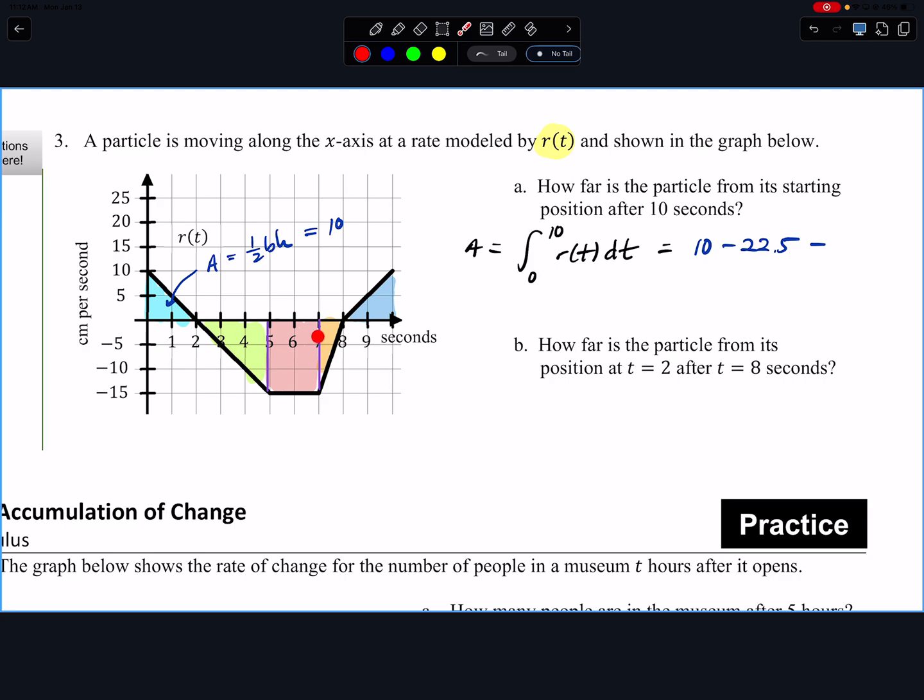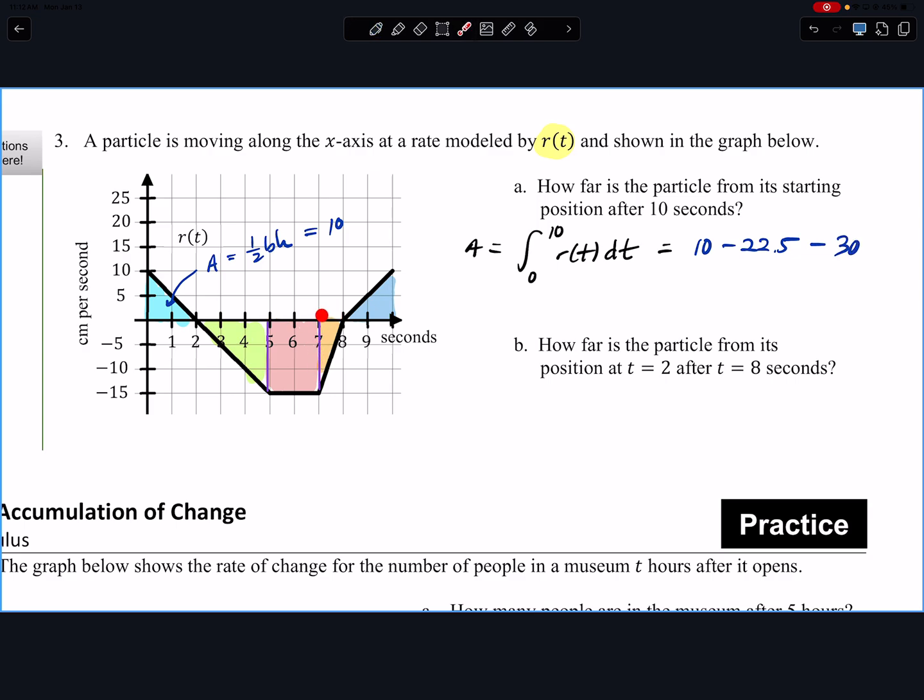Length times width. So 2 times, what's the length? Not 3, careful. 15. So 15 times 3 is 45. So minus, wait, no. Is it 45? Oh, it's 30. 2 times 15, sorry, 30.